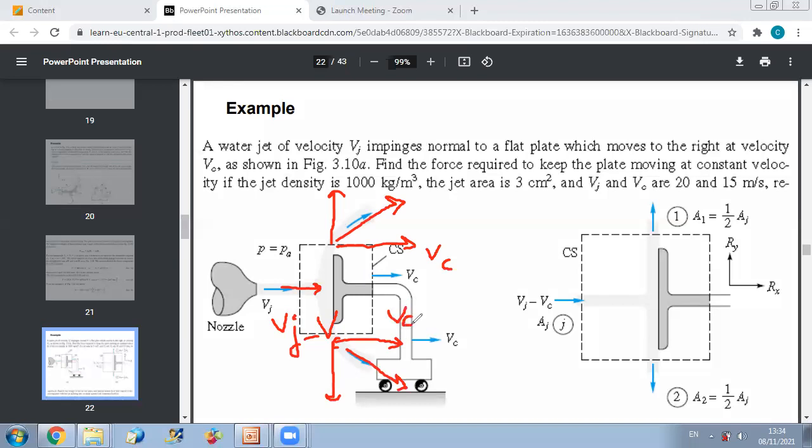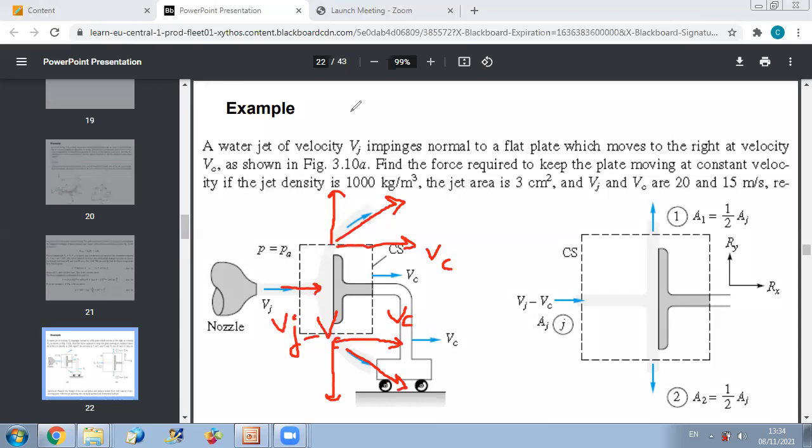The question was to find the reactions that should be applied on the car to keep it moving at constant velocity. If it's moving at constant velocity, then the sum of forces acting on it should balance the momentum of the fluxes coming in and getting out.